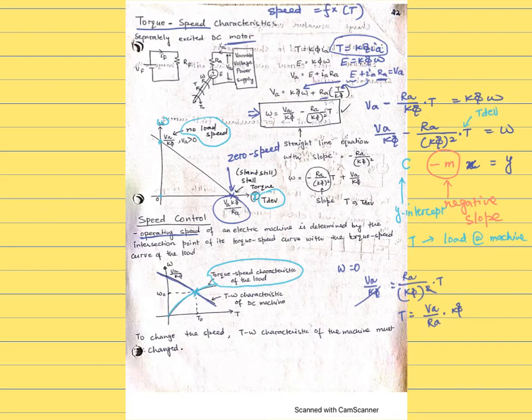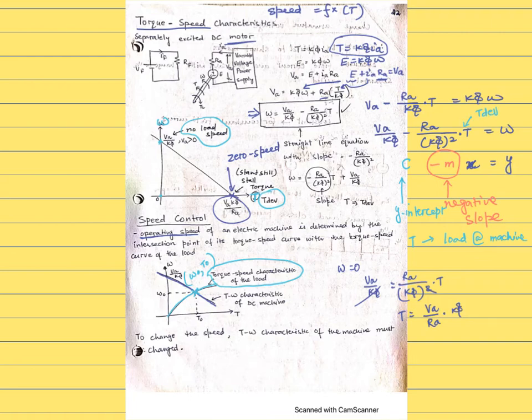For this, the operating point is given by omega 0, T0. T0 is the torque it has to take care of. To take care of the torque T0, it has to run at omega 0 radians per second. In order to change the speed, the load remains constant, since it depends on the application, so you can't change this blue graph.